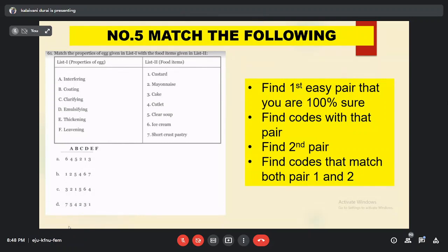Okay, I think जो coating है option B, coating से related, I'll just go through all the content. पेस्ट्री नहीं हो सकता, आइसक्रीम में क्या कोटिंग होगा? नो, सूप में भी कोटिंग नहीं होगा. कटलेट when we do cutlet we put a layer of breadcrumbs around it, है ना? So that we can say that is kind of a coating. Cake may be obviously no coating, mine is already gone, and custard also no.